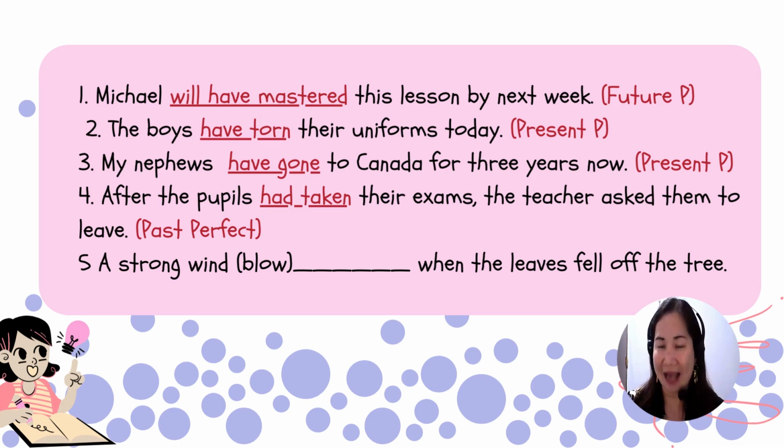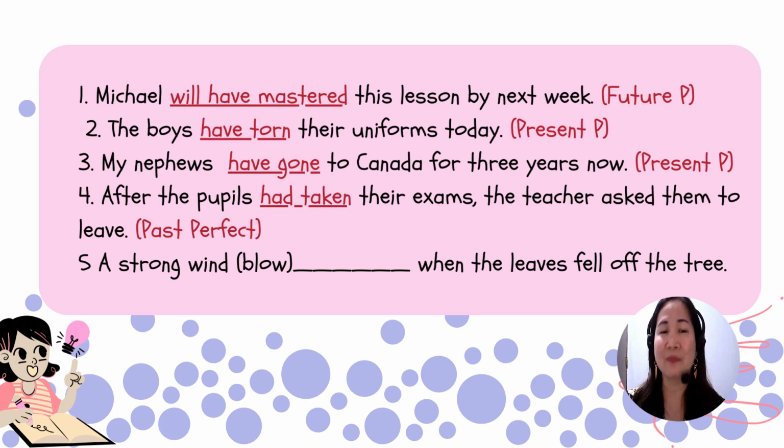The word ask, which is in the past tense because it has ed, means this is in the past tense. So it is past perfect tense. Let's look at the subject, the pupils. That's why we use had, because it's already in the past. Had taken. After the pupils had taken their exams, the teacher asked them to leave.